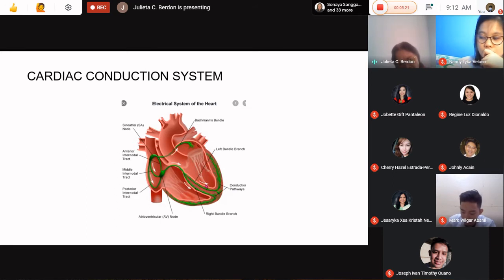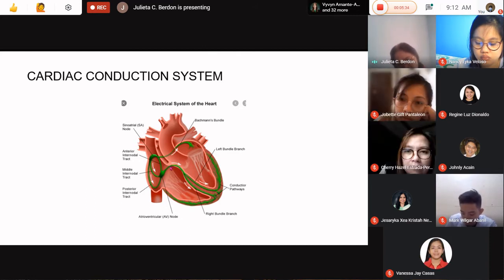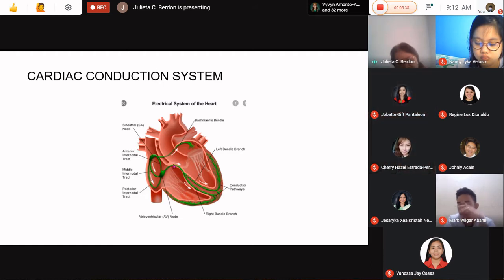All right, so from the AV node, it will have to pass through the bundle of His, but when it passes through the cardiac skeleton, it is also delayed. So there is an additional delay there. But once it is out of the cardiac skeleton, then the impulse will travel very fast, so that the ventricles are depolarized almost simultaneously.